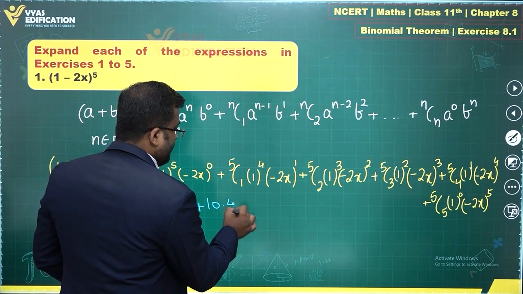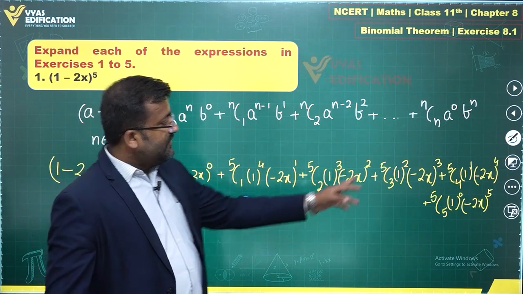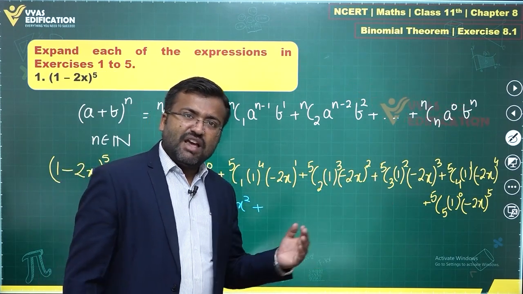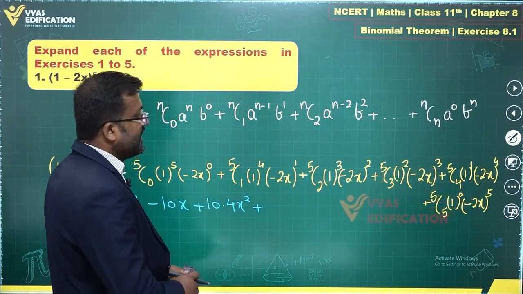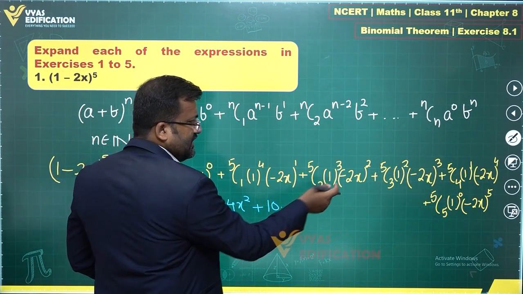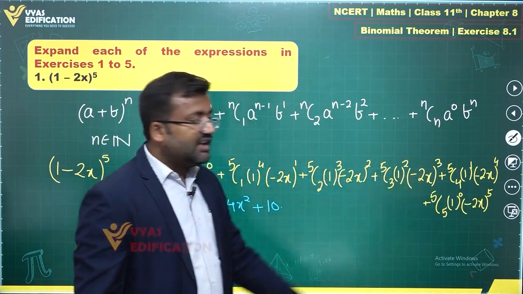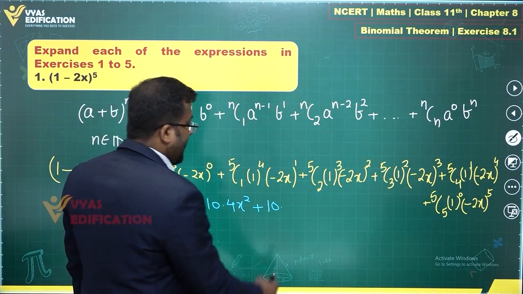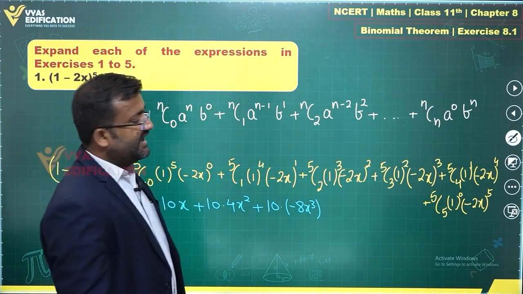Next, 5C3 is same as 5C2, which was 10. This is 10 times 1 square, which is 1, times minus 2x power 3, which is minus 8x power 3.